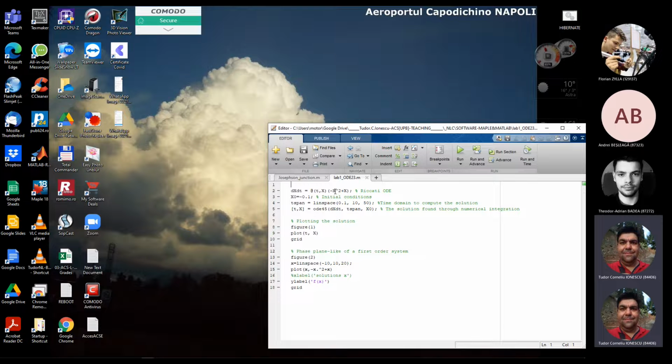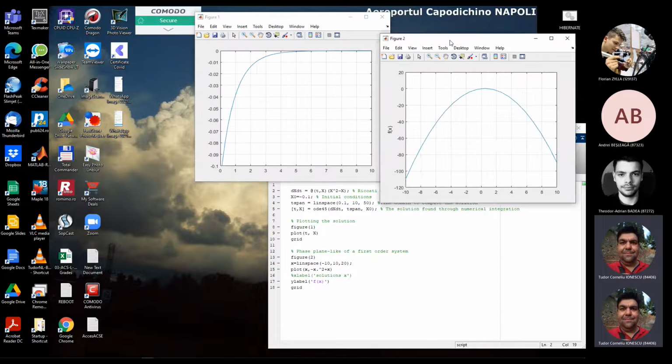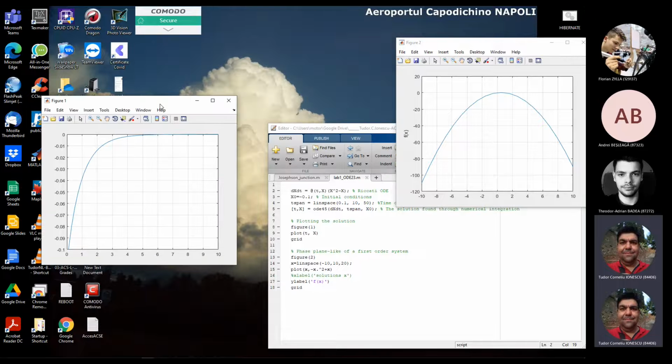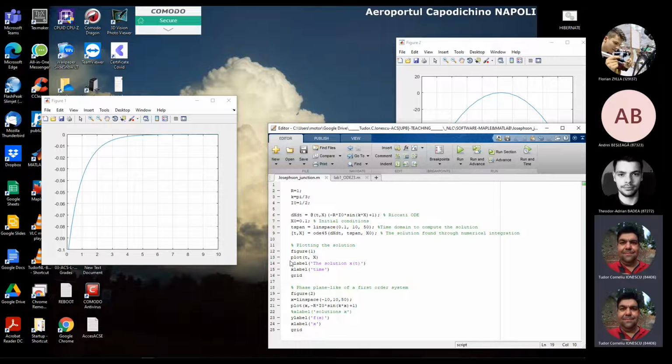I think it's actually this. No, this is the Riccati one. Let's go to this one. Okay. Let's run this. You see? So here I have an initial condition which is negative. Look at figure 1. Okay, let's repeat this xlabel, ylabel stuff, because this is important.